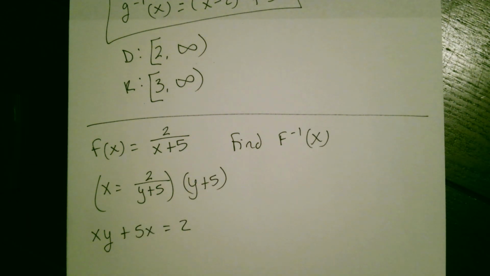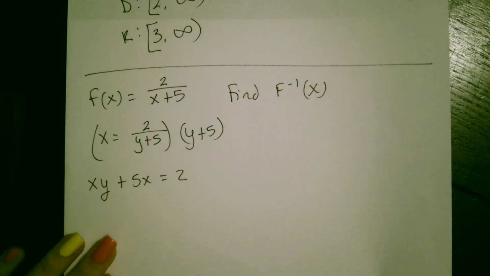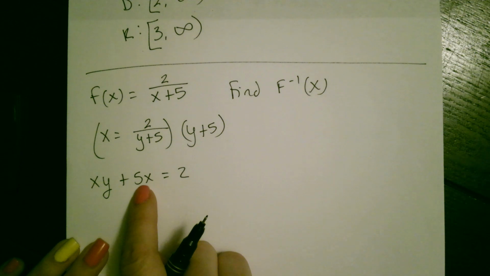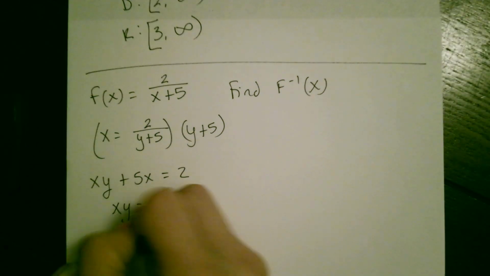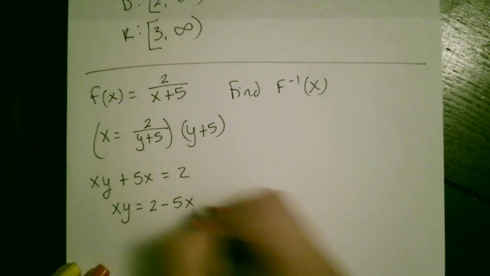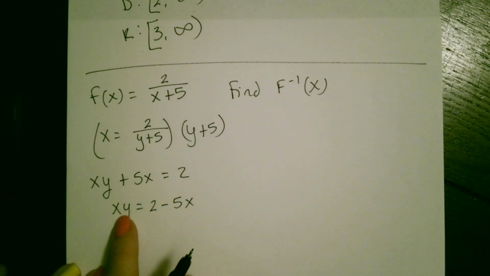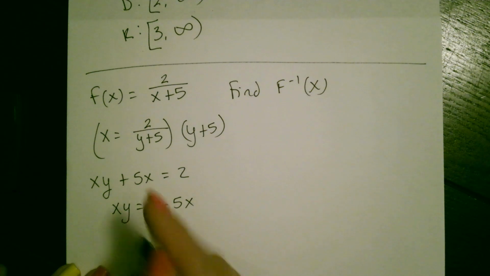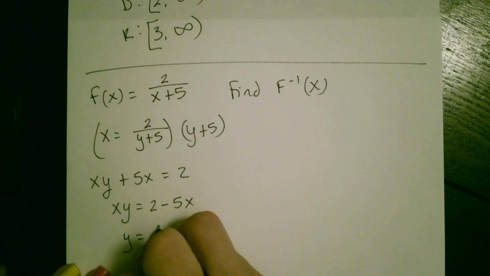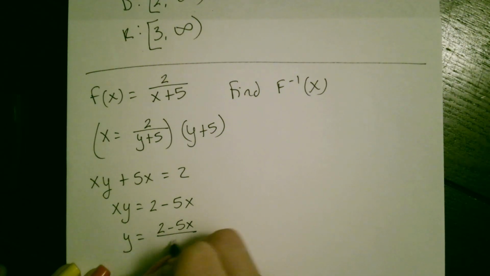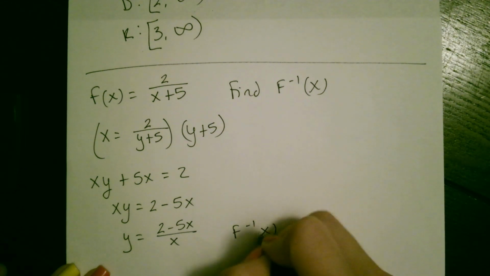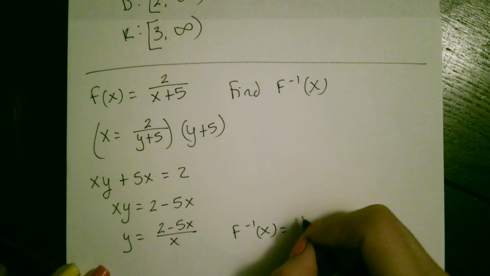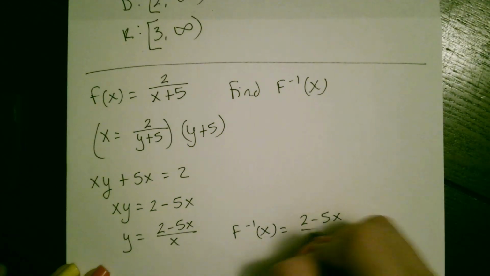I am trying to solve for y, so I want everything that has a y on one side, everything else needs to go to the other side. 5x does not have a y, so I'll subtract it from both sides, so I get xy equals 2 minus 5x. And now to get y all by itself, I just need to divide by x. So y is equal to 2 minus 5x all over x. So f inverse of x is equal to 2 minus 5x over x.